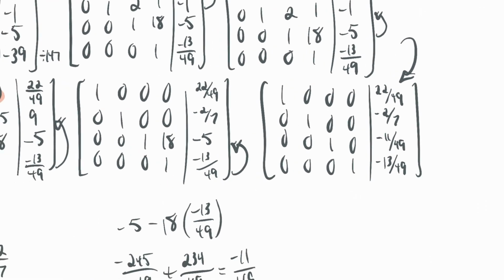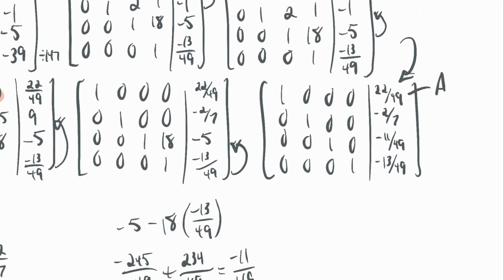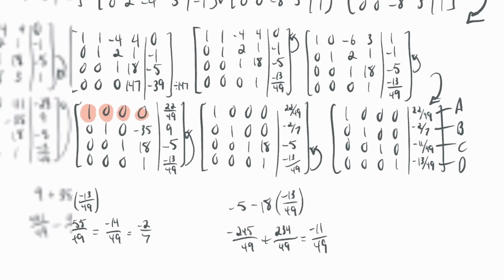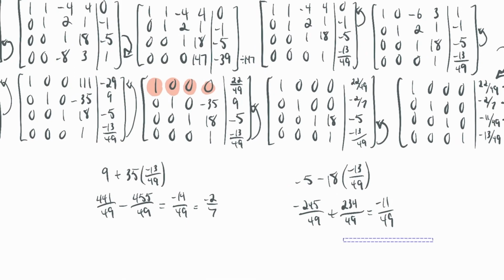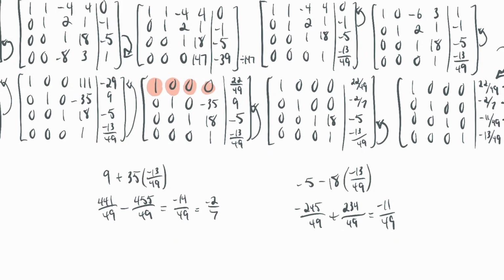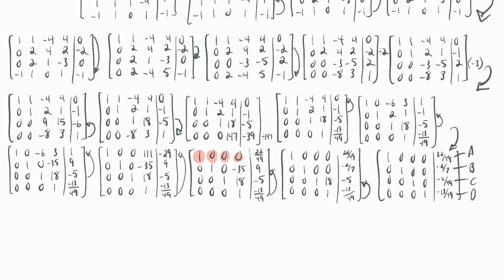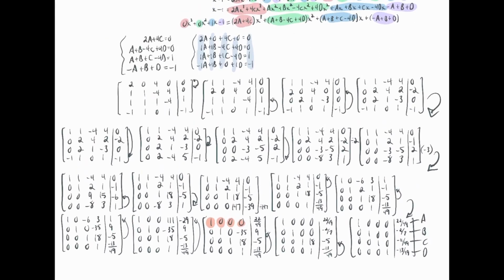Yeah, so that means here's A, here's B, here's C, and here is D. Let me clean this up because I actually forgot. I do want to write out the integral. We did a lot of work to get there. It took a while. That's a lot of algebra.